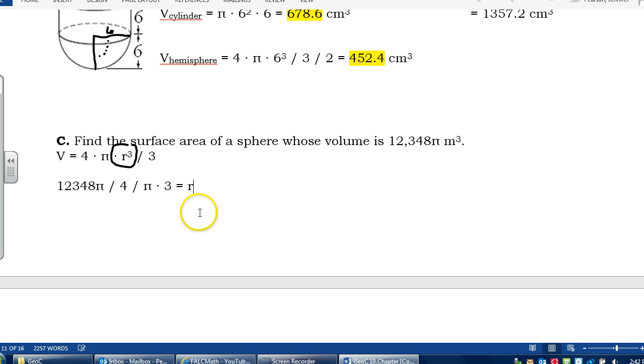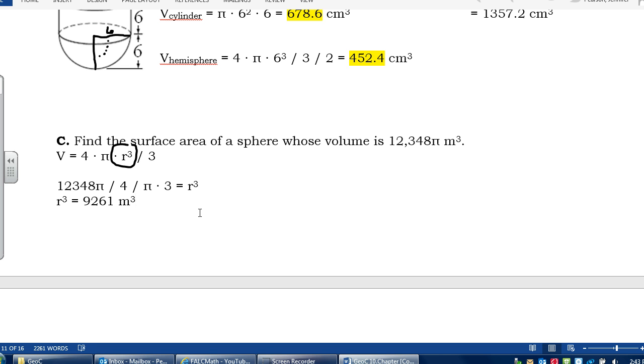This solves for the piece that I skipped. This solves for radius cubed. So 12,348 pi over 4 over pi times 3 gives me 9,261.